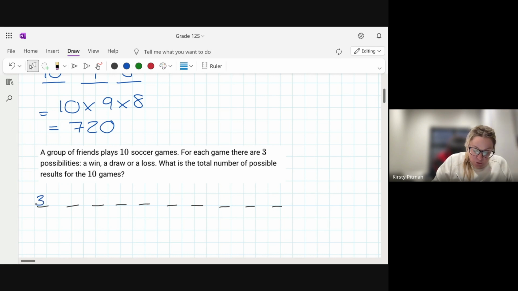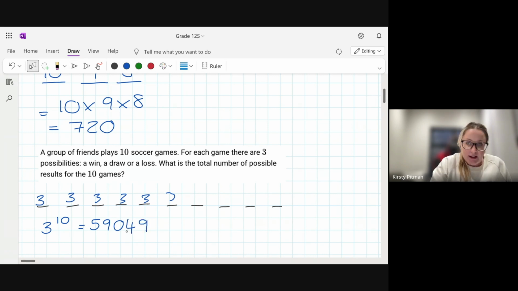My second game, I can win, draw, or lose: 3, 3, 3, 3, 3, 3, 3, 3. So in other words, I'm going to have 3 to the power of 10. And what's 3 to the power of 10? Good. 59049. Well done. Nice.